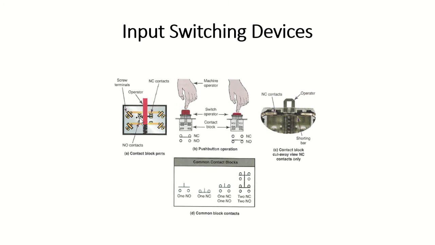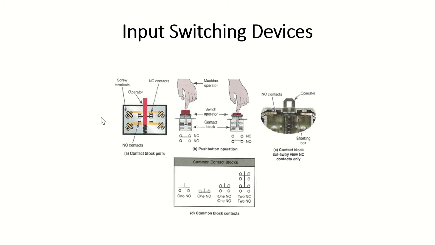This top set of contacts, which we would typically refer to as normally closed contacts, would open up and break the flow of current, whereas these bottom sets of contacts, when this operator is pressed, would allow the flow of current, because this little bar inside of here is going to drop down and connect these two terminals.